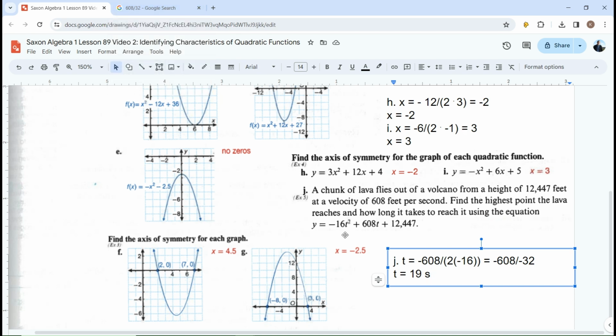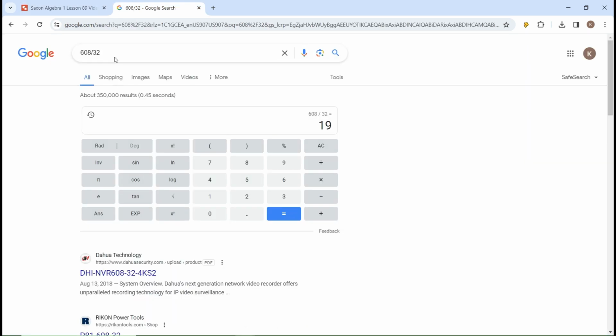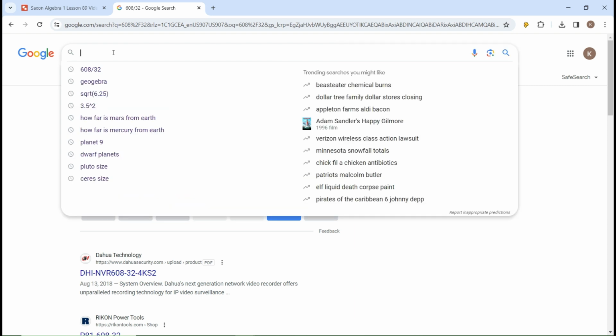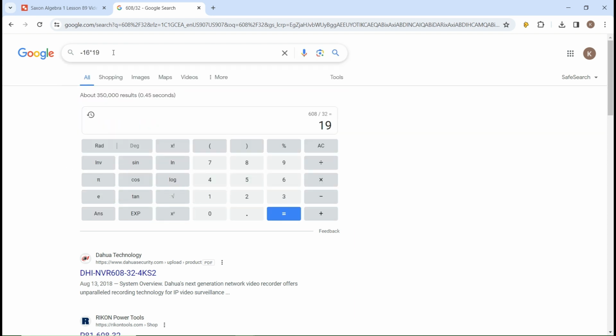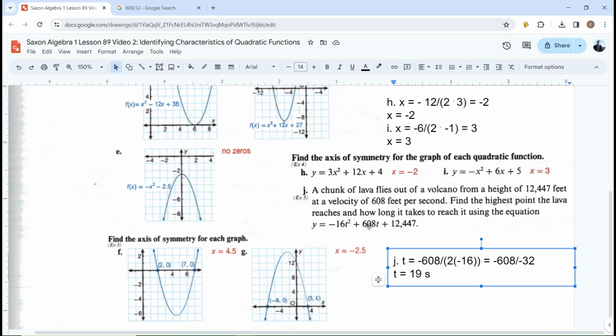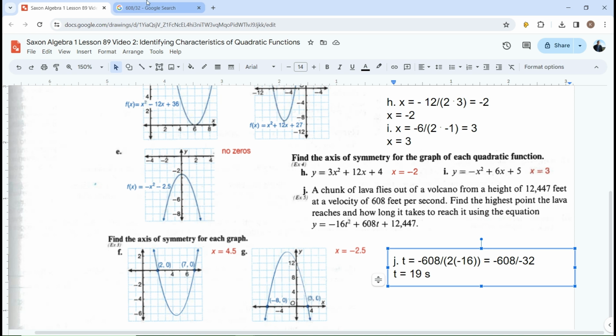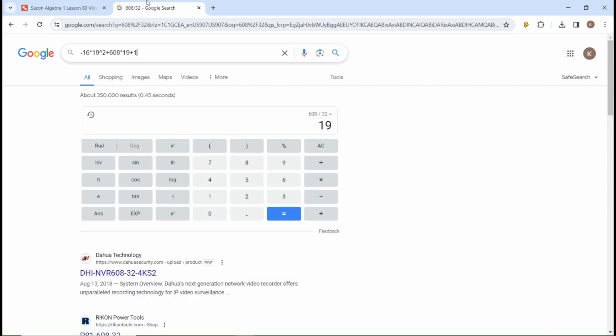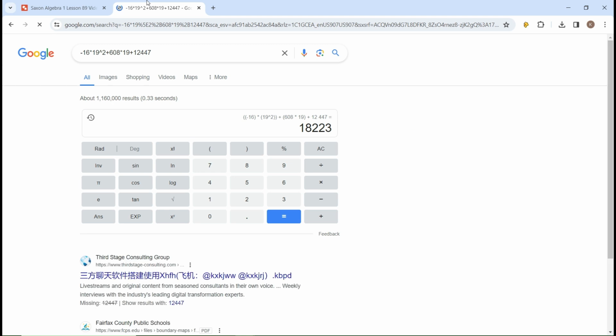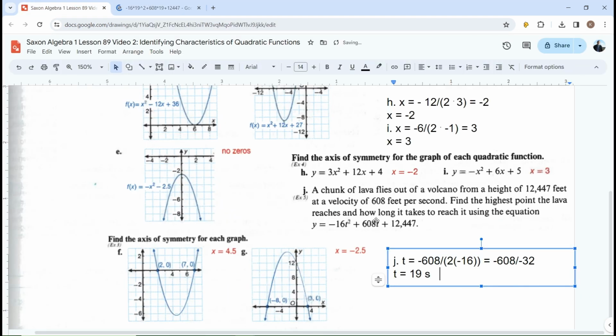Negative 16 times 19 squared plus 608 times 19, and then the last part is plus 12,447. Now I've got 18,223 feet. So y equals 18,223 feet.